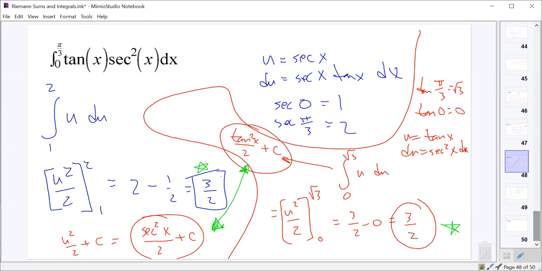Would there ever be a time where one route is more advantageous than the other? I mean, sometimes the substitutions or whatever other integral rules that we're going to be using soon next week might be easier, but for our purposes, not really.